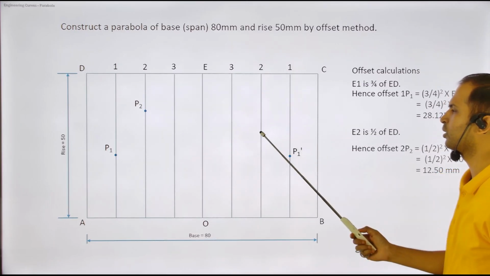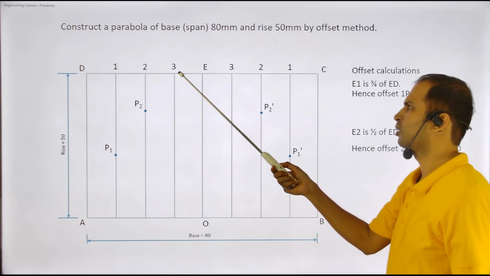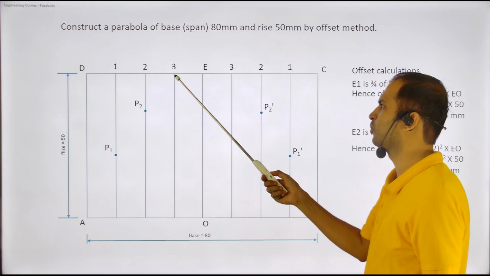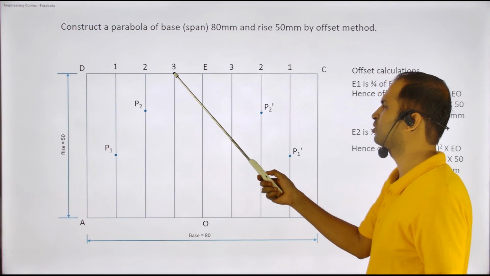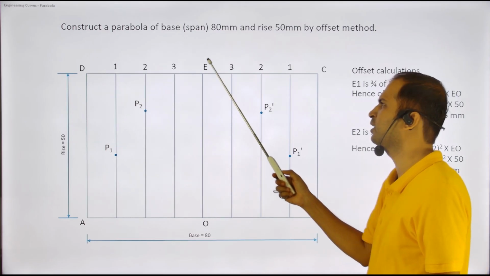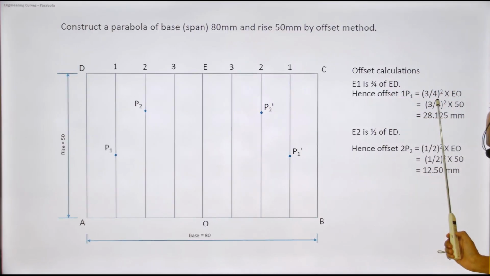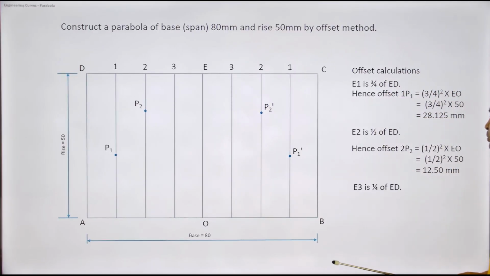So you do the same thing over here and get one more point. Follow the same thing for point line number 3. This is going to be 1/4 of the whole total length from ED. Do the same calculations: 1/4 squared into EO. That is going to come to about 3.12.